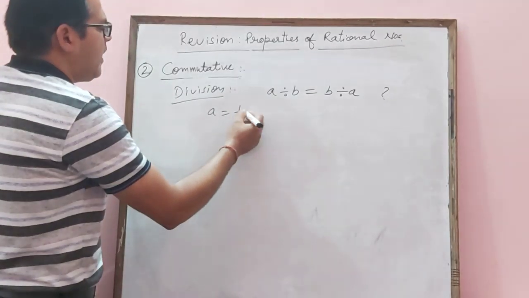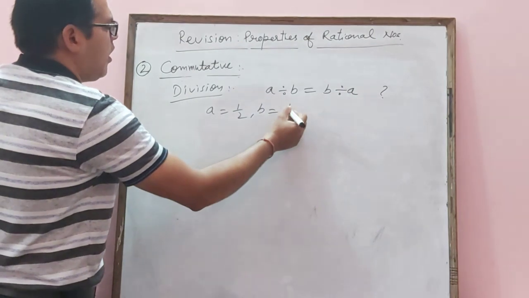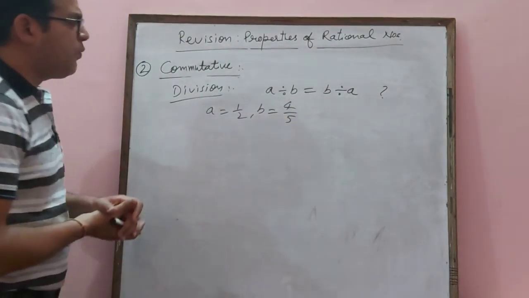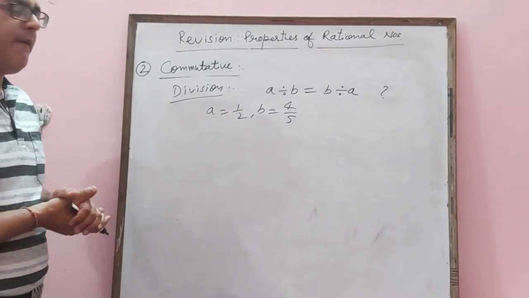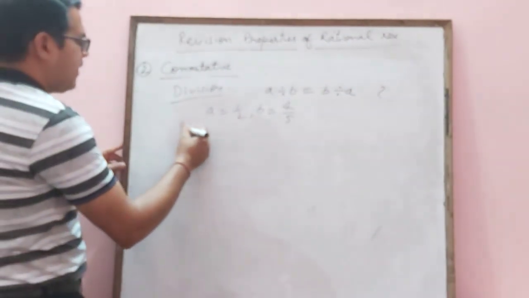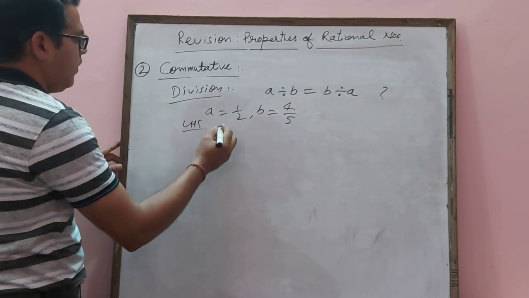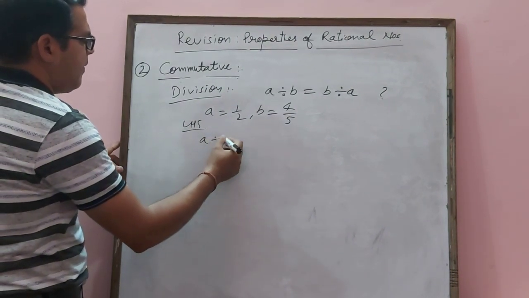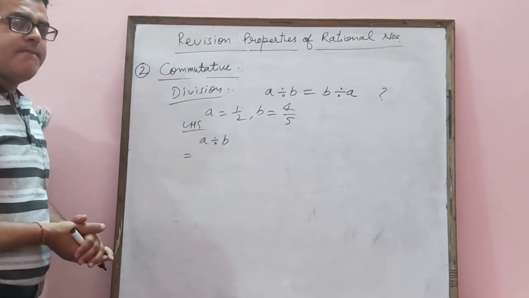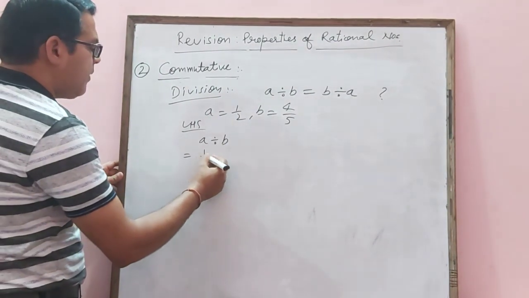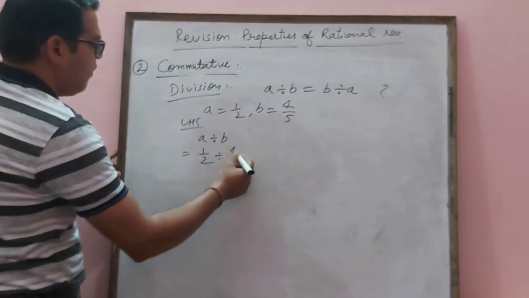I am taking a as 1 by 2 and b as 4 by 5. Both positive rational numbers this time. Left hand side first, a divided by b. So a is 1 by 2 and b is 4 by 5.